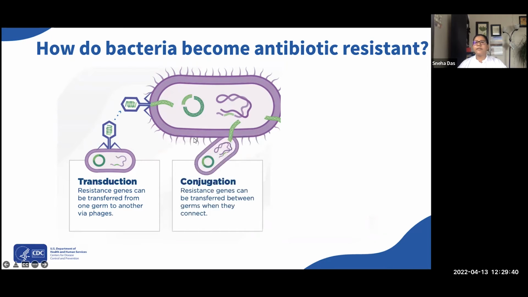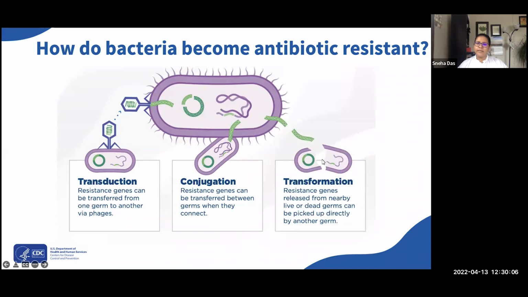A second method can be conjugation. Here, two very different microbial cells can form a tube-like connection, which we call the conjugation tube. And as it is formed, this mobile genetic element can just pass on from one bacteria to the other. Say one is maybe Salmonella, and the other is Staphylococcus, so they're completely unrelated.